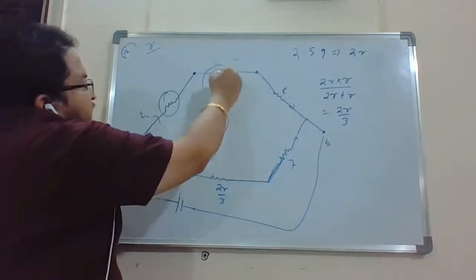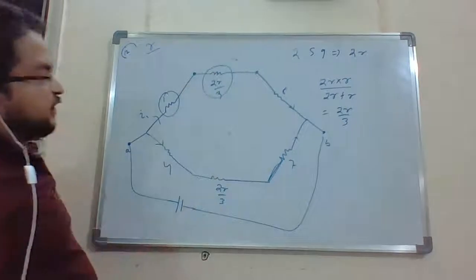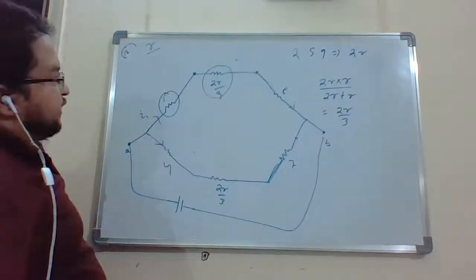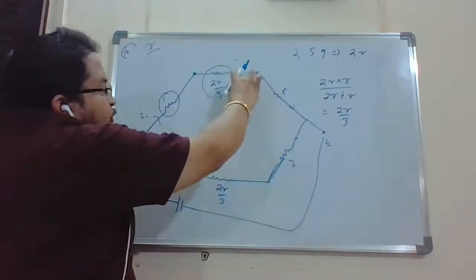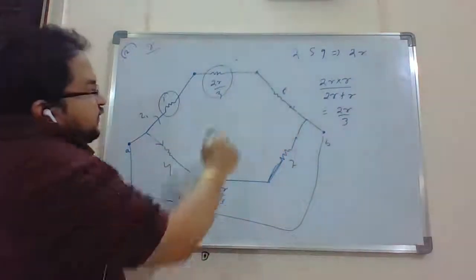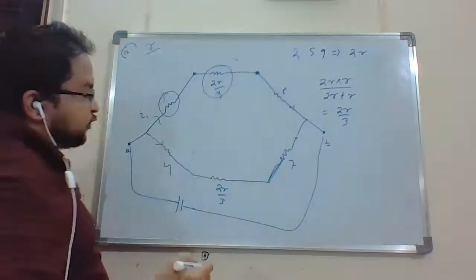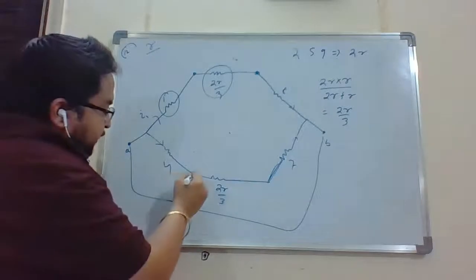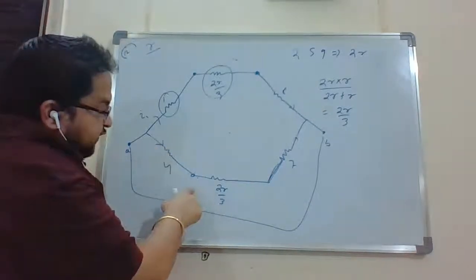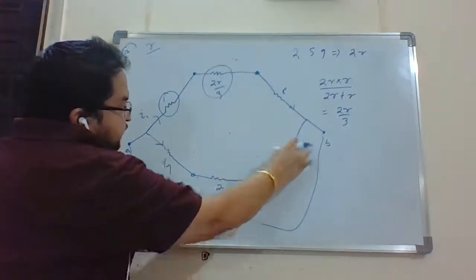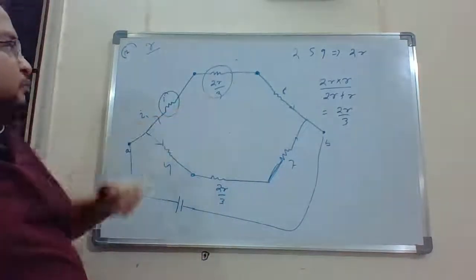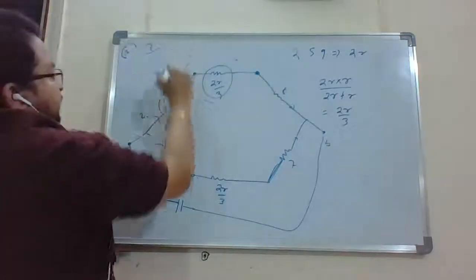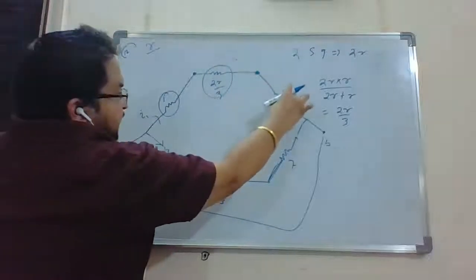Now if you see, 1 is in series with this because at the junction point there is no disturbance. Similarly, this and 8 are also in series because this is the junction point and there is no disturbance. Similarly, 4 is in series with this, which is in series with 7. So for the upper segment, it would be this portion and resistor 8.